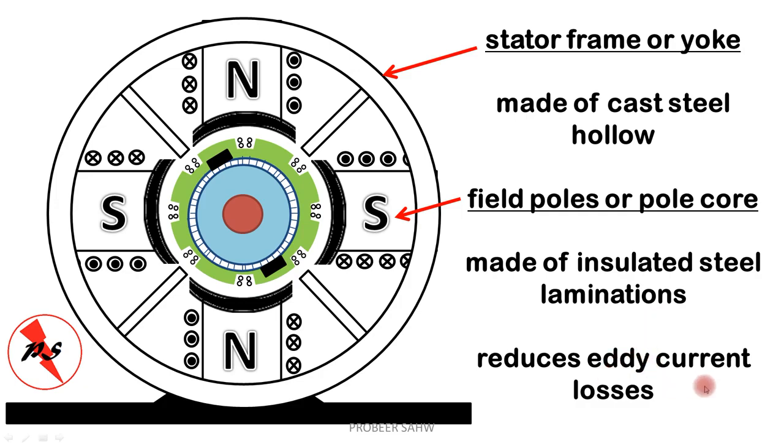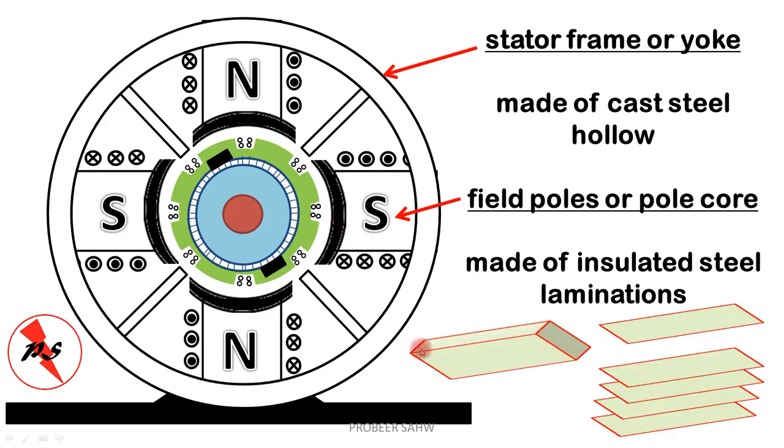We know eddy current is produced in conductors. These are circulating currents. These are produced in conductors due to a magnetic field, and they oppose the main magnetic field. So what we do is minimize the cross-sectional area of the field poles.